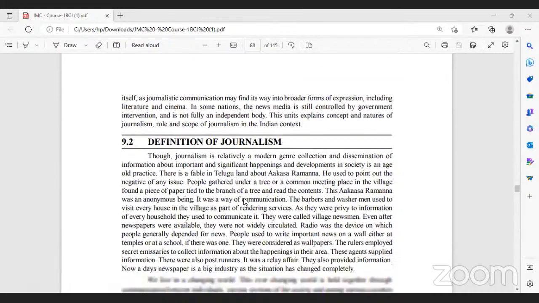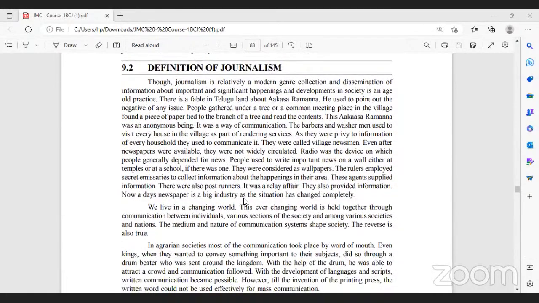However, let us understand the definition of journalism. In history, in the villages, there was one concept of Akasa Ramanna, where people used to gather under a tree, meet common people, and one paper was tied to the branch of a tree, with the contents on it.